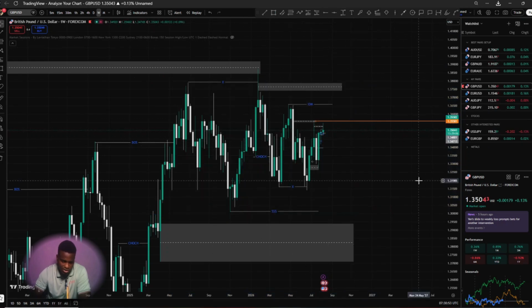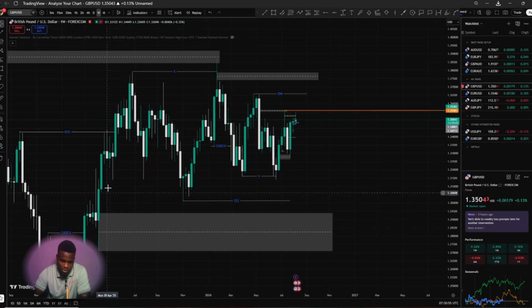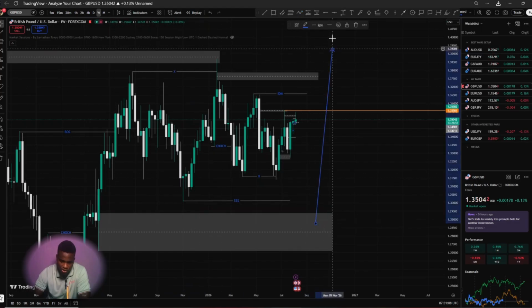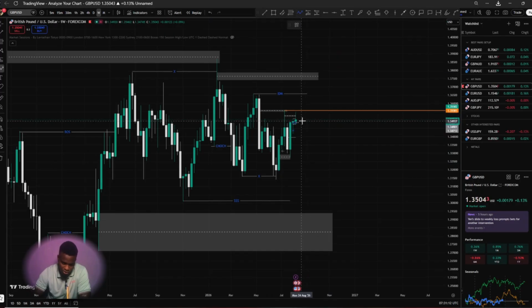I have this demand zone sitting below, and of course liquidity. So we swept here, expecting liquidity here to be swept and obviously a movement to the upside. With the fundamentals and COT data I've just seen, I know that this will be swept, this will be mitigated, and will go up.